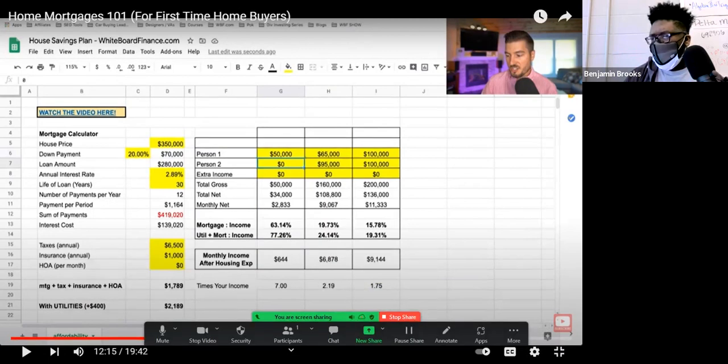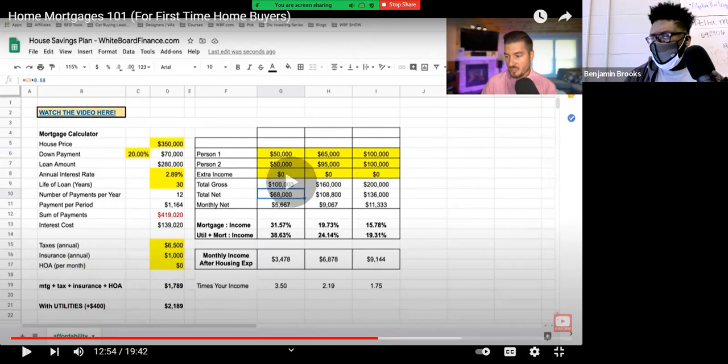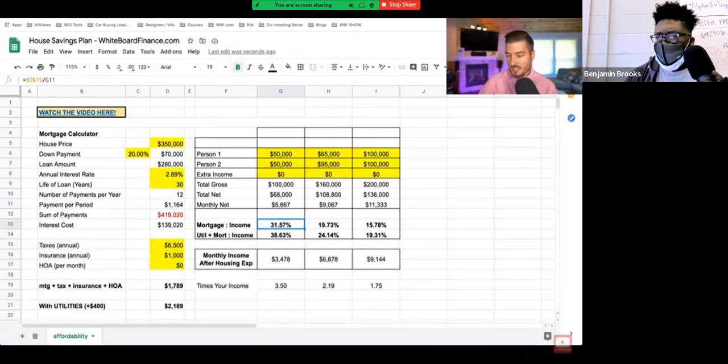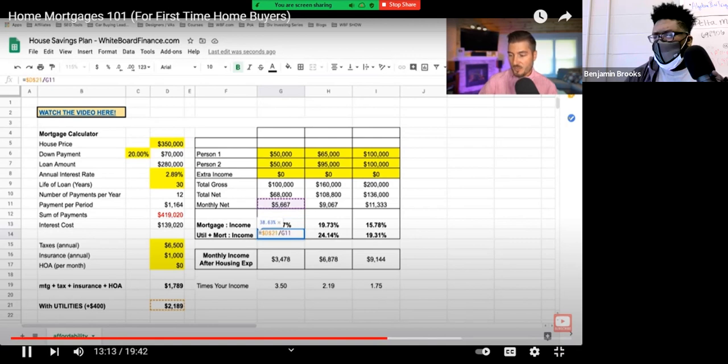Hold on. Let's see what he's doing. On the top left, this results in a monthly net income based on these numbers of roughly $5,667. Now, the beauty of this is that you can actually see what percentage of your net income the mortgage, taxes, insurance, and HOA are taking up, and then you can see the second number with the all.